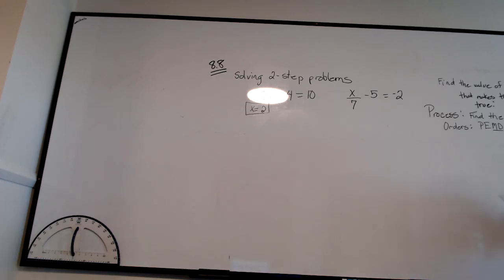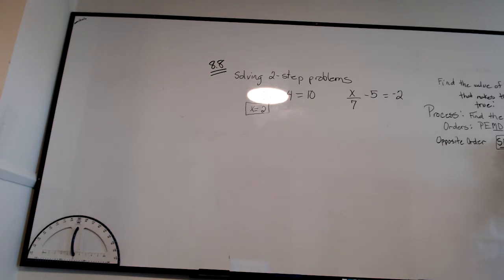So we're going to use the opposite order, which is SADMEP. If I flip those around backwards, I get SADMEP. We're going to use that order. Now, you're going to do subtraction and addition first when you're undoing it.